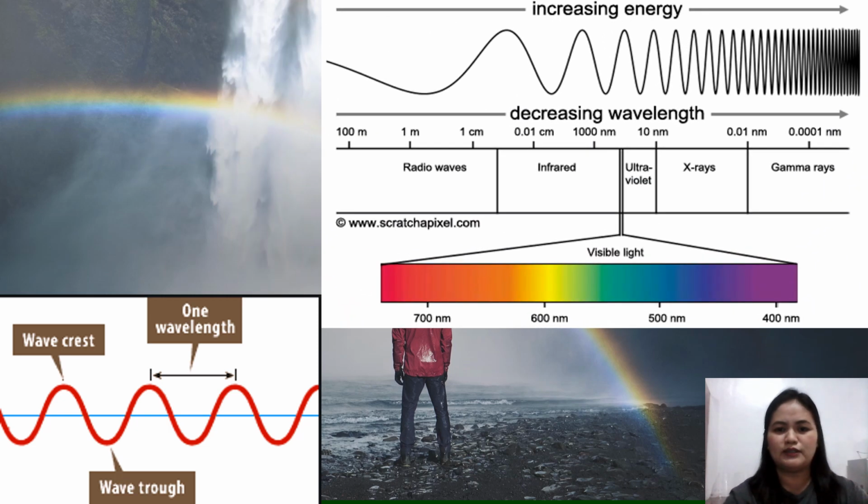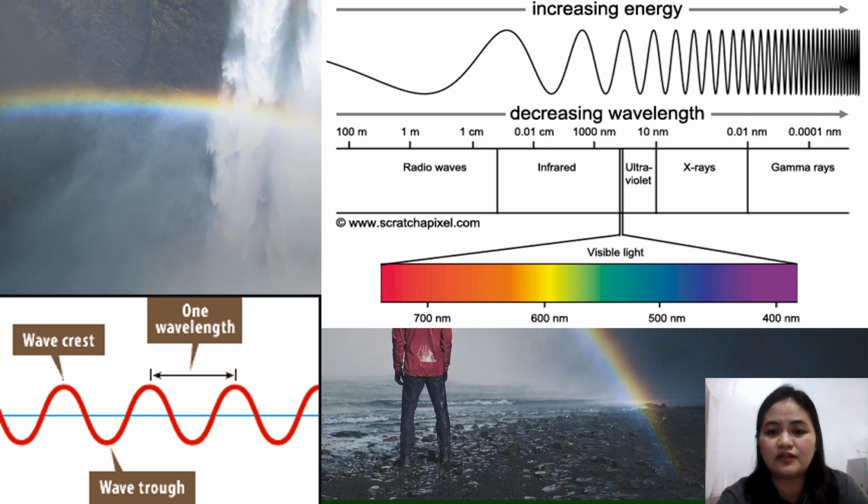Okay, I want to explain it this way. Look at the picture. So in your electromagnetic spectrum, there are different rays. You have your radio waves, infrared, ultraviolet, X-rays, and gamma rays.